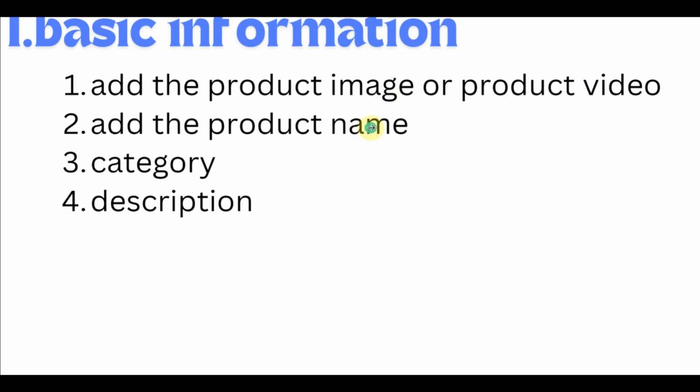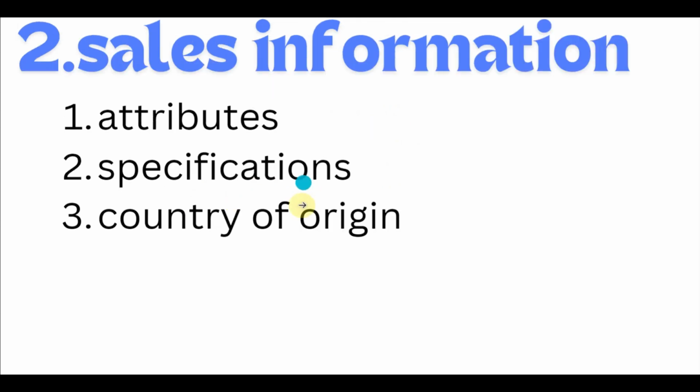Please remember guys that you just need to copy and paste the descriptions that you see in AliExpress and transfer them to your Shopee marketplace. For the sales information, you just need to add the specification, the attributes, and the country of origin.